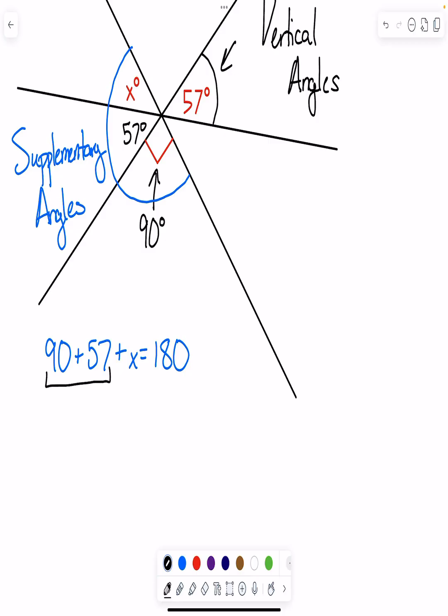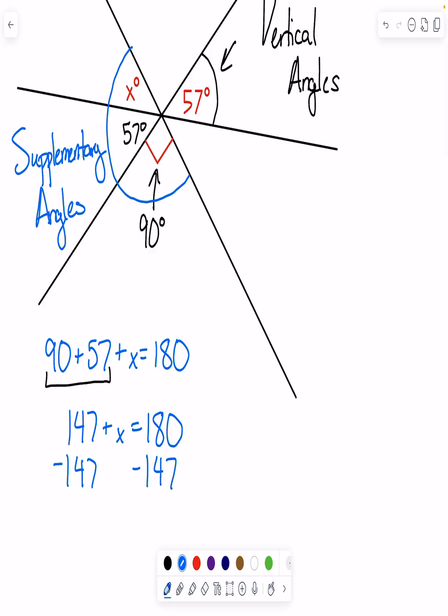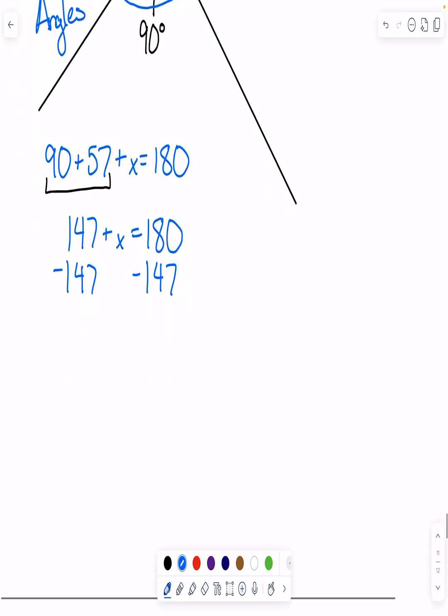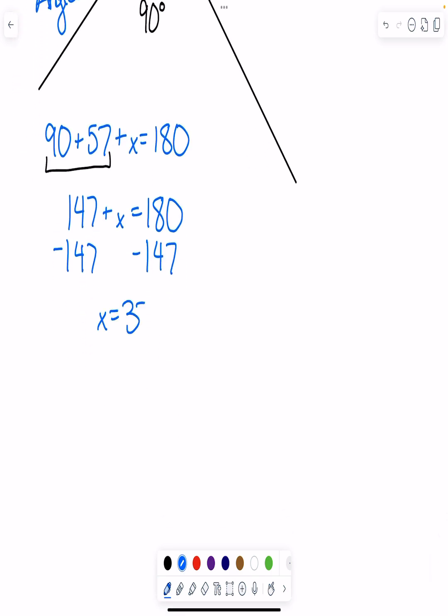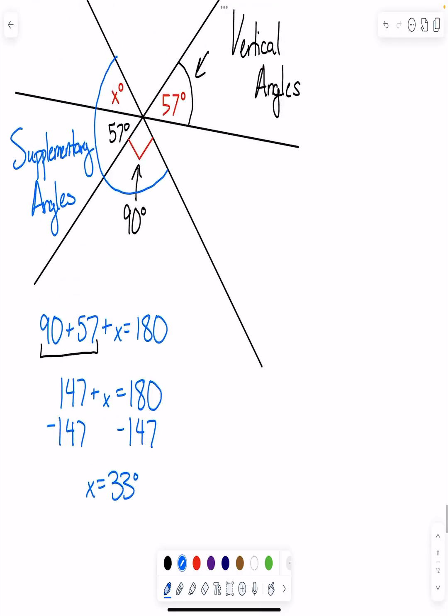Combine my like terms. 90 plus 57 gives me 147. Plus x gives me 180. Subtract my 147 from both sides. I have x giving me 33 degrees.